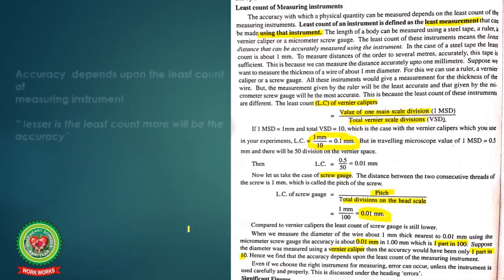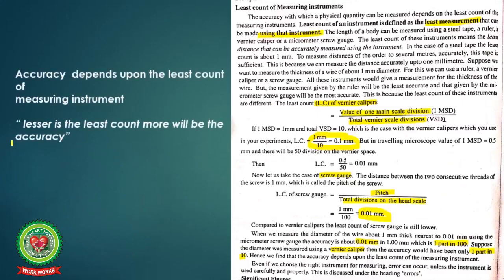So we summarize that the lesser the least count, the more the accuracy. So we should choose an instrument whose least count is less, to have more accuracy. But students, one thing you should note: even if we choose the right instrument for measuring, an error occurs unless the instrument is used carefully and properly.